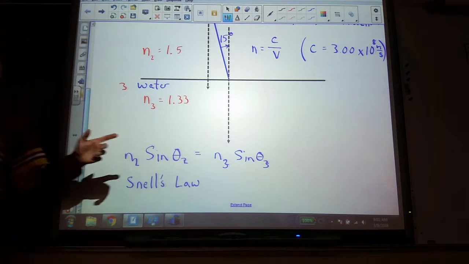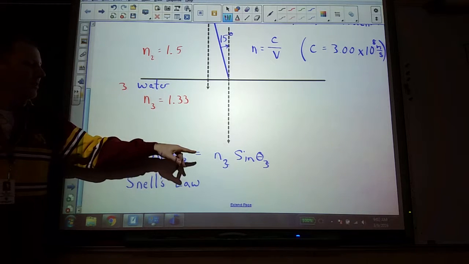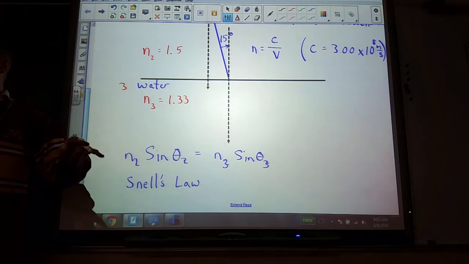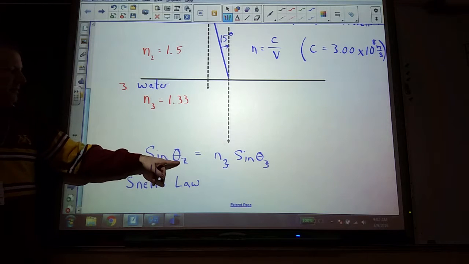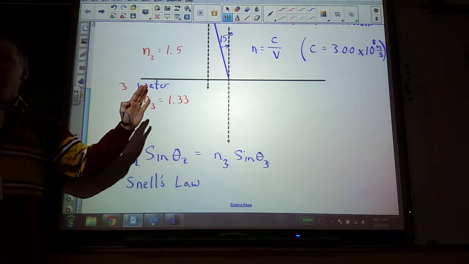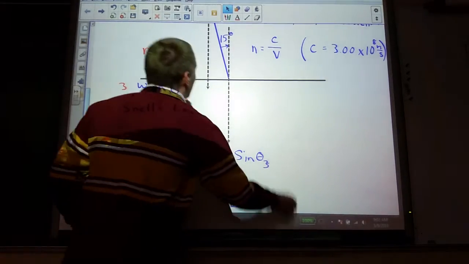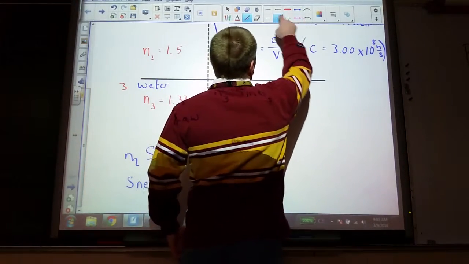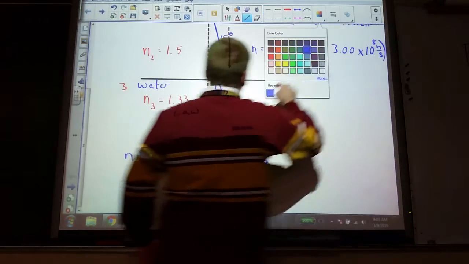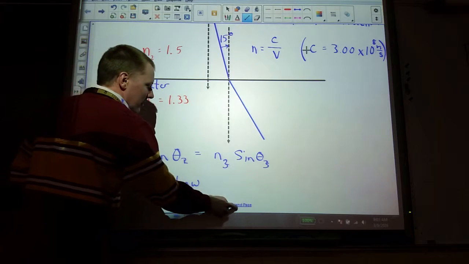Which one should be greater? Sine of theta 3 should be greater than sine of theta 2. So which way is it going to get bent? Away from the normal, so that sine of theta 3 is bigger. So that's what we expect. We'll go through and calculate it quick to see if that's what we get. So somewhere out like that.